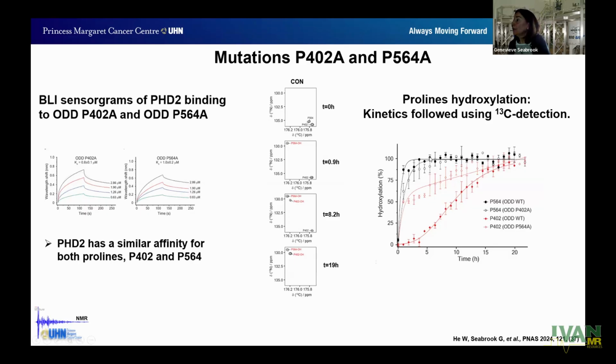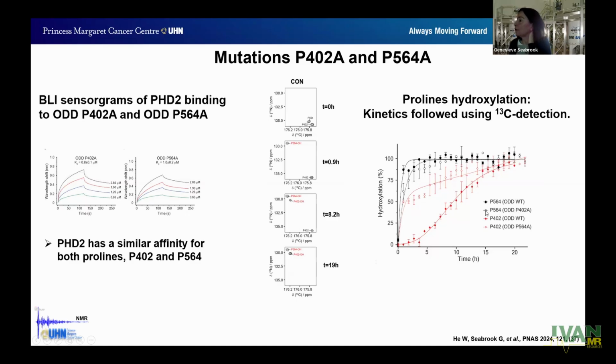On the right, you can see that proline 564 gets hydroxylated extremely fast. Then proline 402, in the red circle, you can see the hydroxylation is taking place, but it's just super slow. And both reactions go to completion. Now, the idea was to compare what will happen if we mutate one of the prolines.